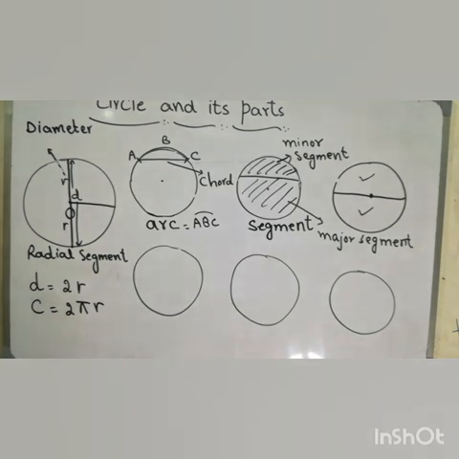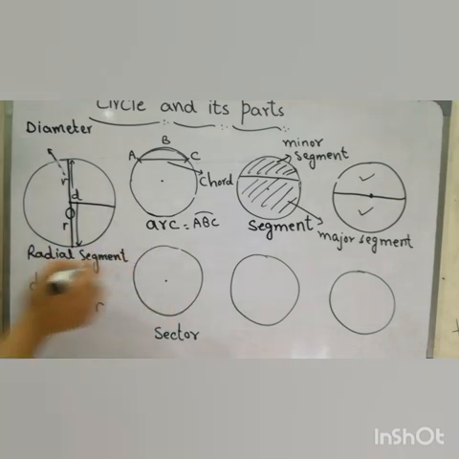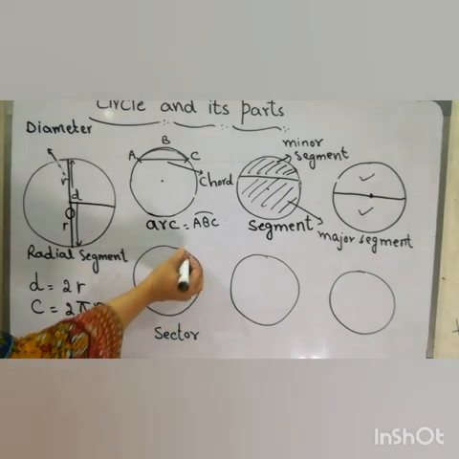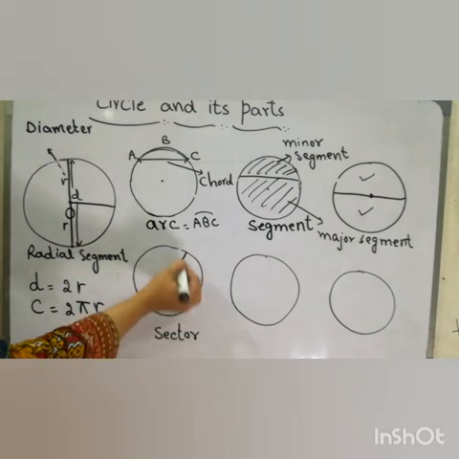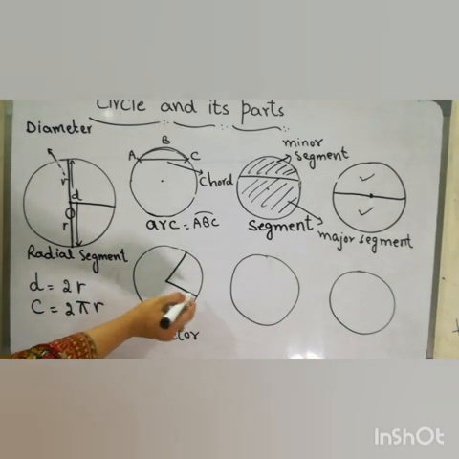Now we will see what a sector is. The portion between two radii and an arc is known as a sector. For example, this is the center of the circle. This is one radius, this is another radius. There are two radii and this is the corresponding arc with them.